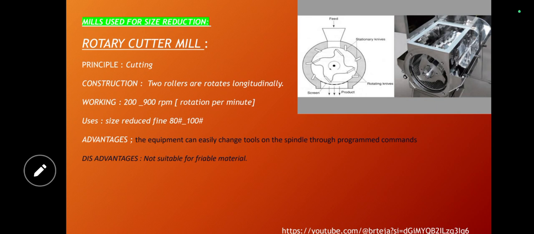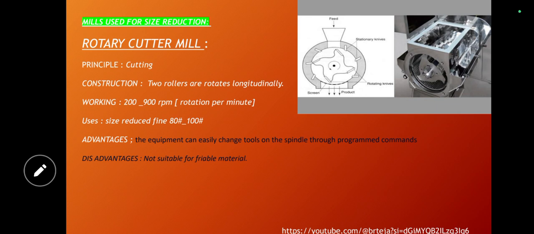First, the name of the mill: rotor cutter mill. Which principle? Cutting. Construction: two rollers rotate longitudinally. Working: 200 to 900 rotations per minute.